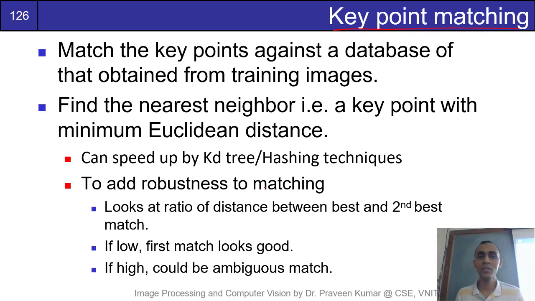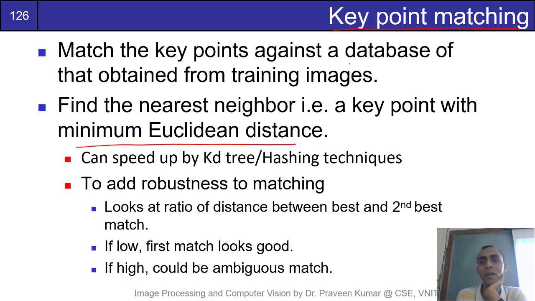The one they used was the simplest: basically the minimum Euclidean distance between the two histograms. That's why they had to do a lot of normalization, because if you are doing a dot product, maybe you don't have to normalize, at least for the magnitude. But they went for the simplest, minimum Euclidean distance.